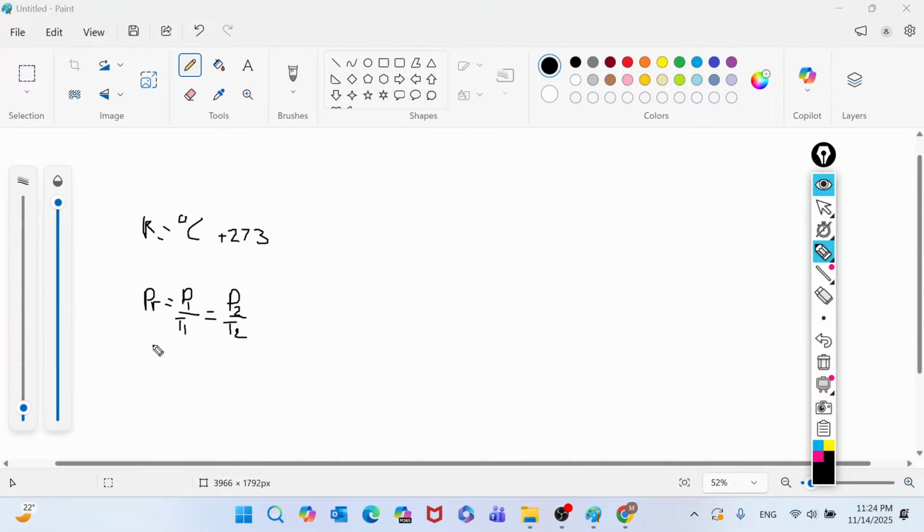Okay, Boyle's law equals P1 V1 equals P2 V2. Okay, Charles' law is V1 over T1 equals V2 over T2.